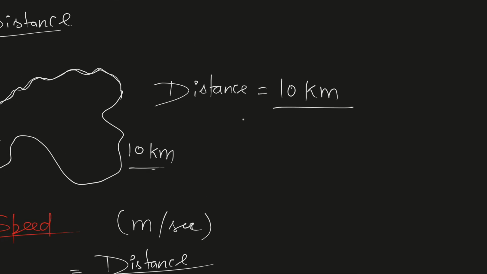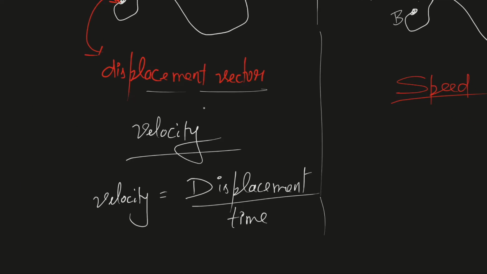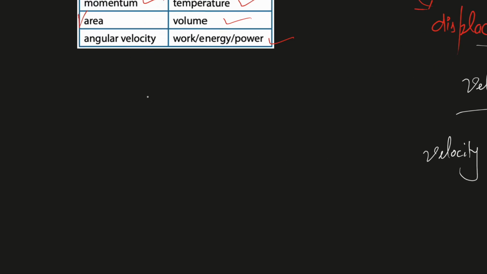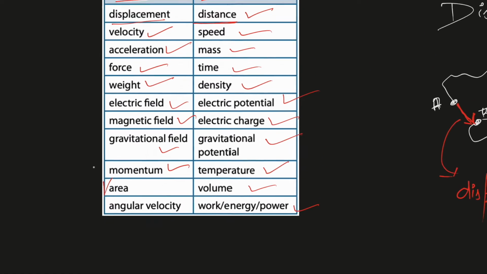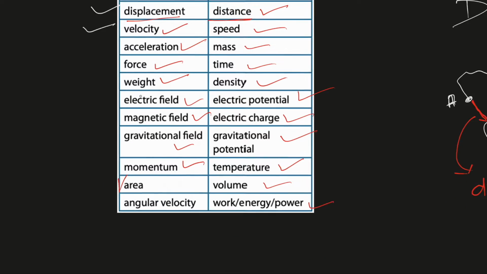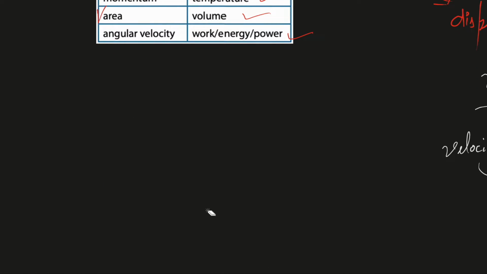And distance, we all know, can be measured in meters. These are the basic things that I have explained to you: what is the difference between displacement and velocity, and distance and speed. Okay, we will move further.